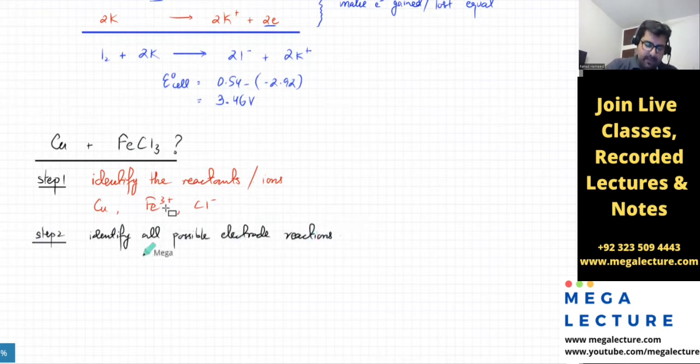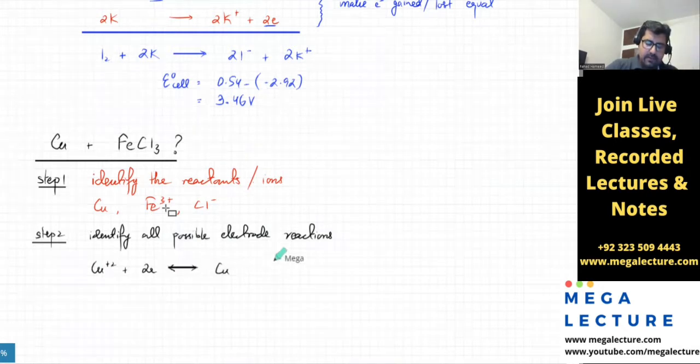So starting with copper, I've got 2 of them: copper plus 2 turning into copper. And the E naught for this is 0.34 volts.